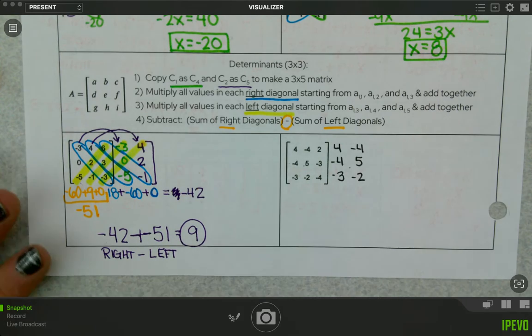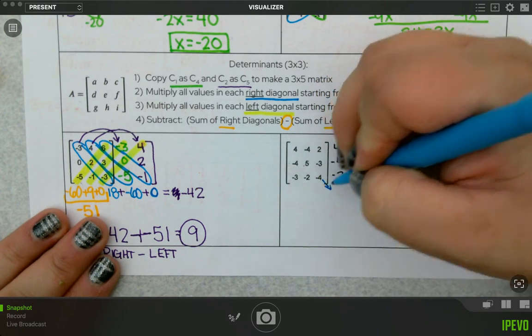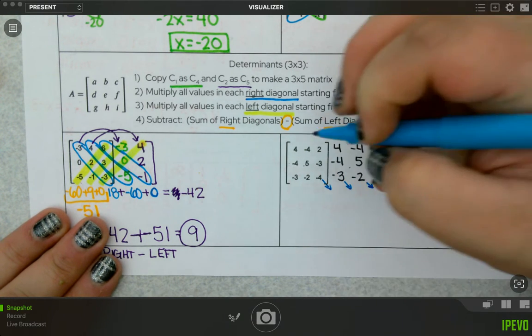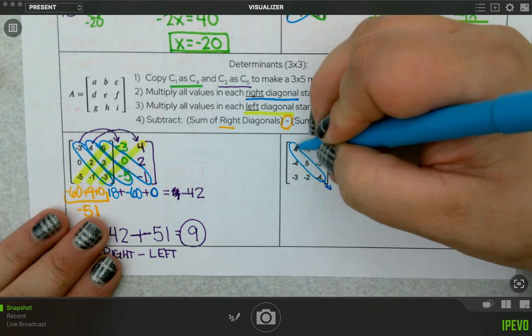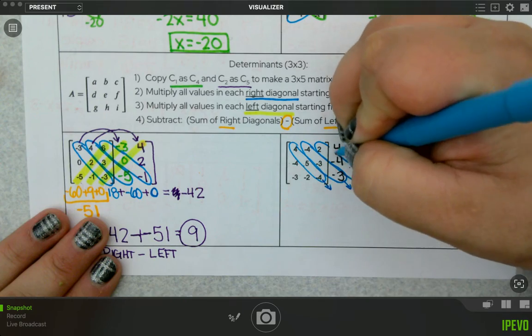And then I'm going to multiply together all of my right diagonals. Okay, so I want this one, and this one.